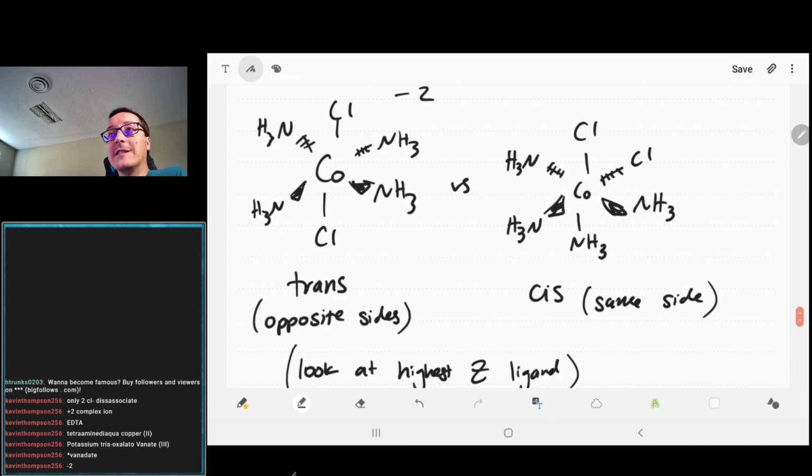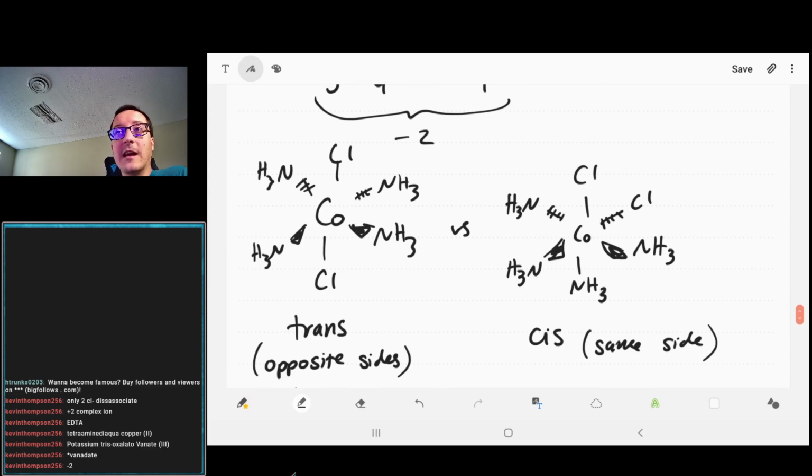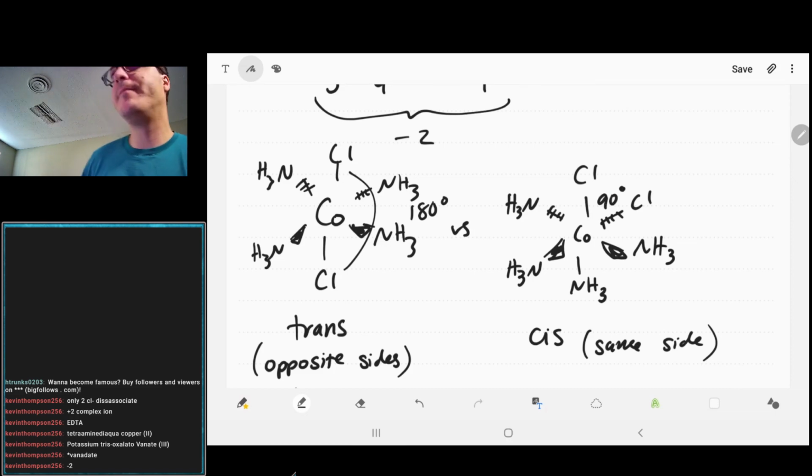We can see the chlorine is sticking up and down. It's easier to see the trans isomer here. We can see that the chlorines are on opposite sides of each other. But in the cis one, there's only a 90-degree angle between them, whereas here we have a 180-degree angle between them, if we remember our geometry, assuming these are normal octahedrons with no distortions happening.